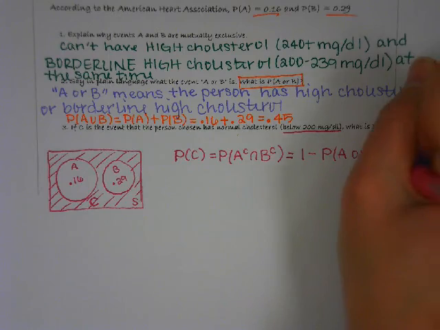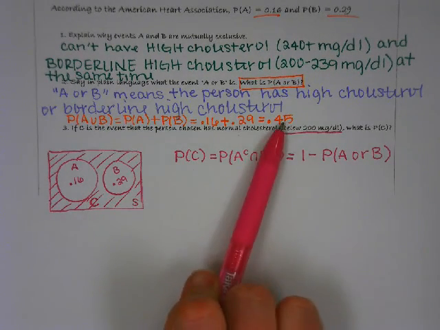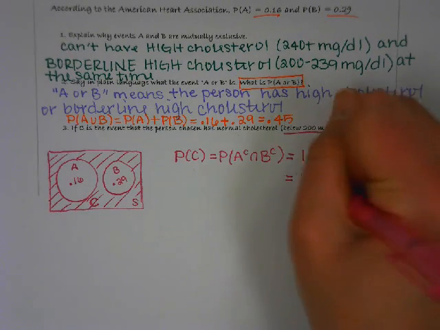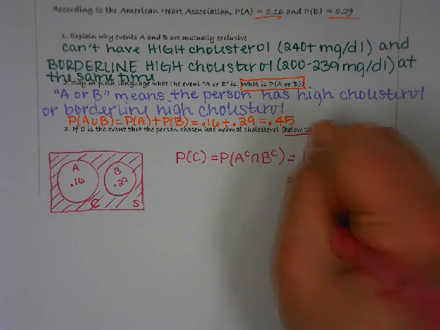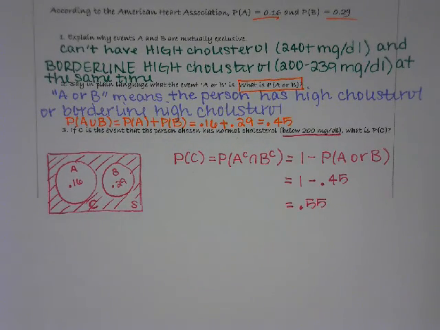So we would do 1 minus the probability of A or B. And we just found the probability of A or B. So we would do 1 minus 0.45, which is 0.55. So the probability that the person chosen at random has normal cholesterol is 0.55. Do you guys have any questions for me?